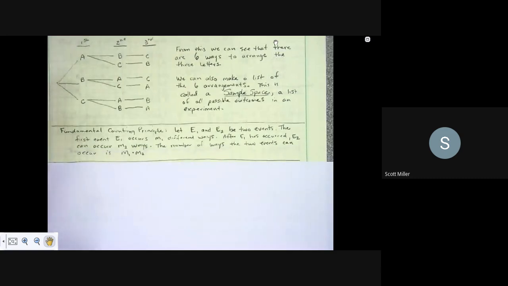Our goal here is to figure out how I get 6 mathematically just by knowing I have 3 letters. That brings us to the fundamental counting principle. Mathematicians looked at this in many different ways and realized that I have different events.